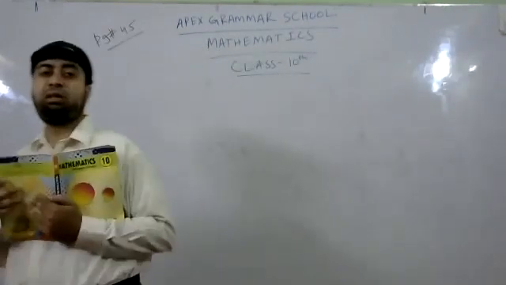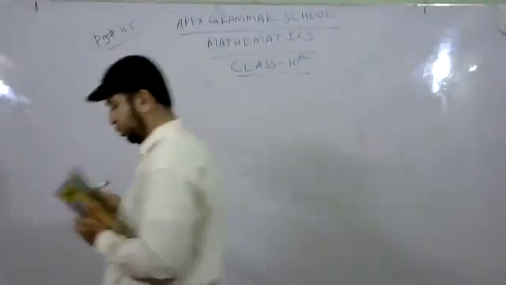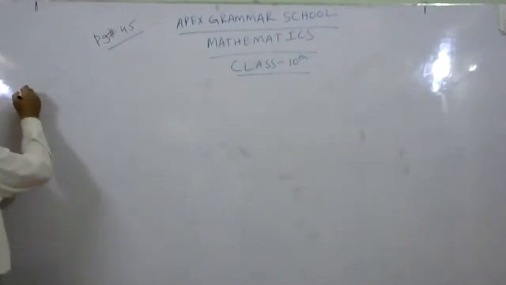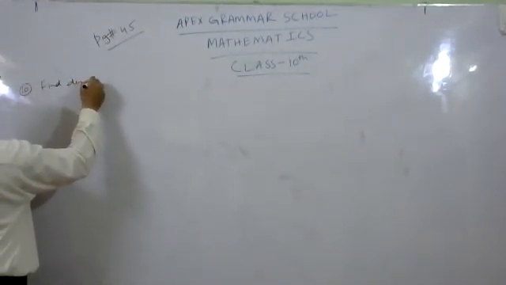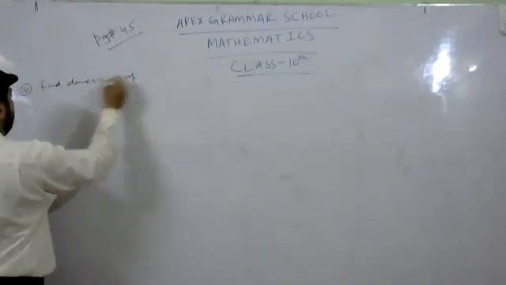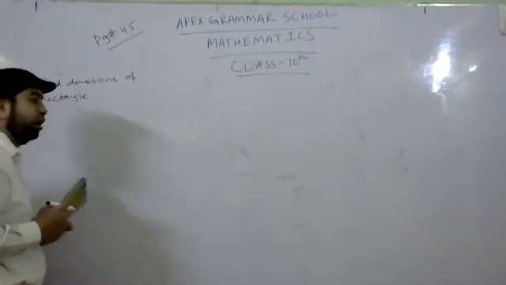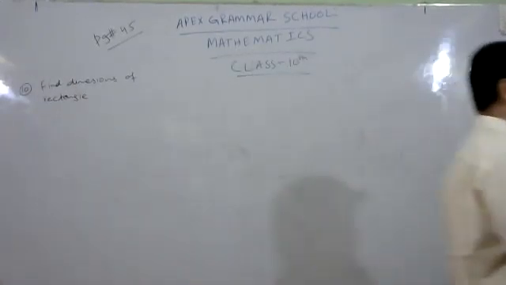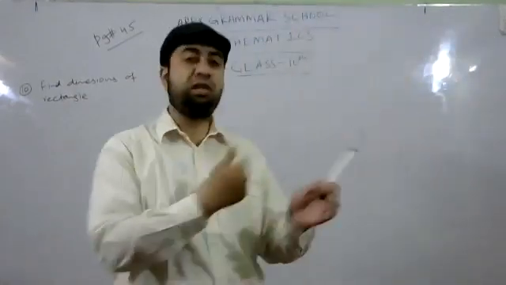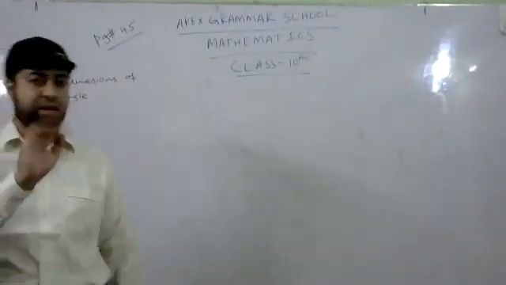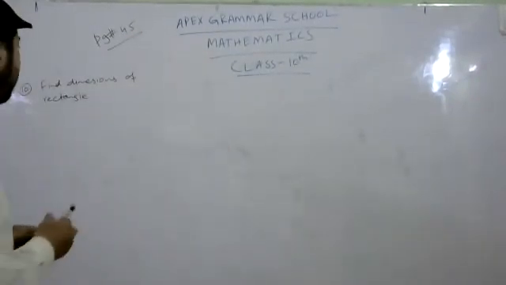Find the dimensions of a rectangle. Dimension means sides. Question number 10. Find the dimensions of a rectangle. You know what a rectangle shape is? A rectangle is a four-sided shape whose opposite sides are equal. Not all sides are equal. Just like this whiteboard, this is of rectangular shape.